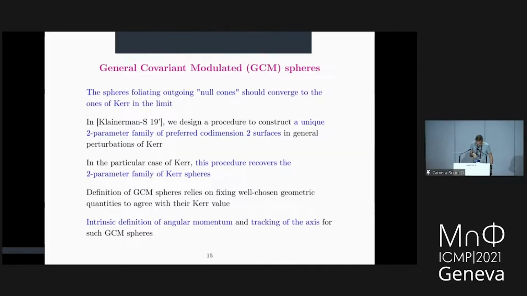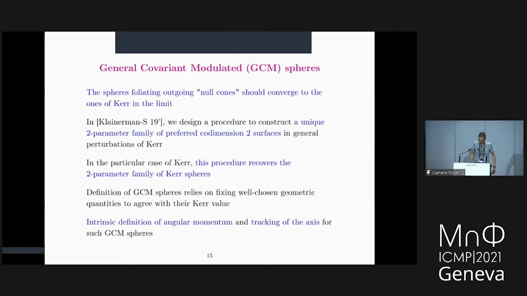Okay, and finally, let me mention another aspect connected to angular momentum and what I called, I think in the slide where I presented the result, quasi-local angular momentum. So what is quasi-local angular momentum? It's a notion of angular momentum that doesn't make sense in the whole spacetime, but just, let's say, on a closed surface.